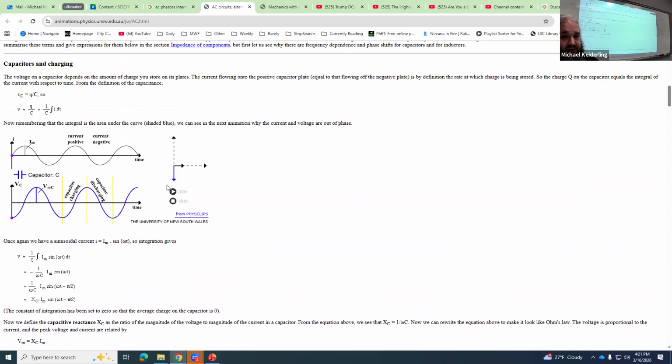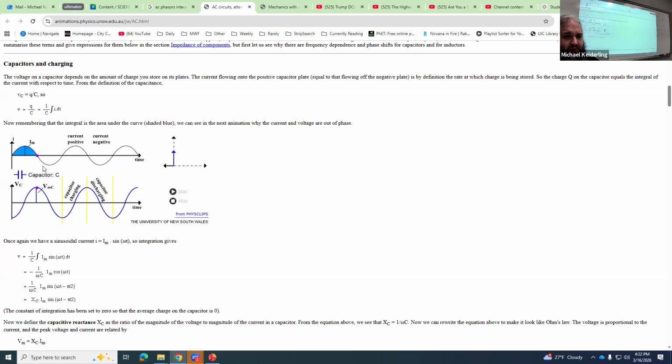And here we have a capacitor. You can see how the capacitor, the voltage lags 90 degrees behind the current. So the peak happens a little bit later for the voltage. And they're 90 degrees out of phase.